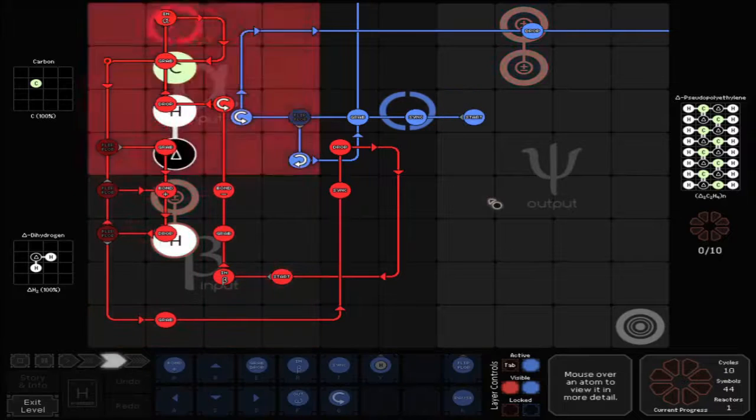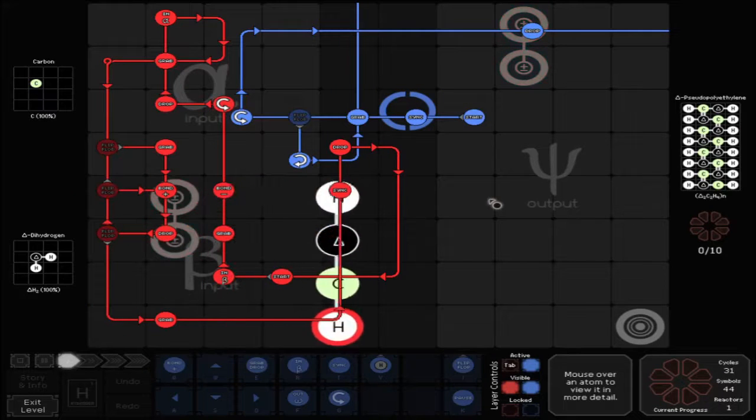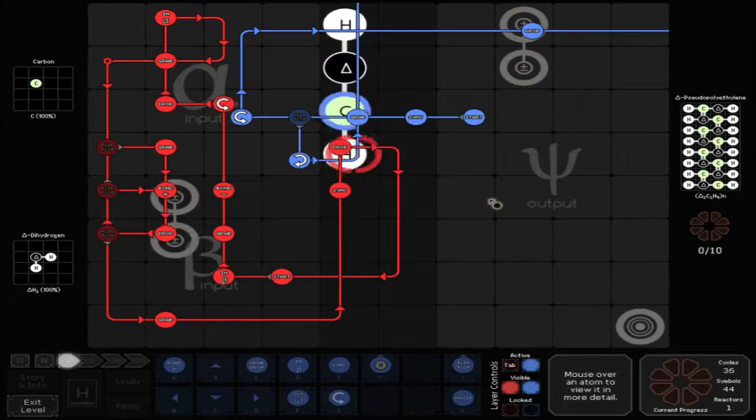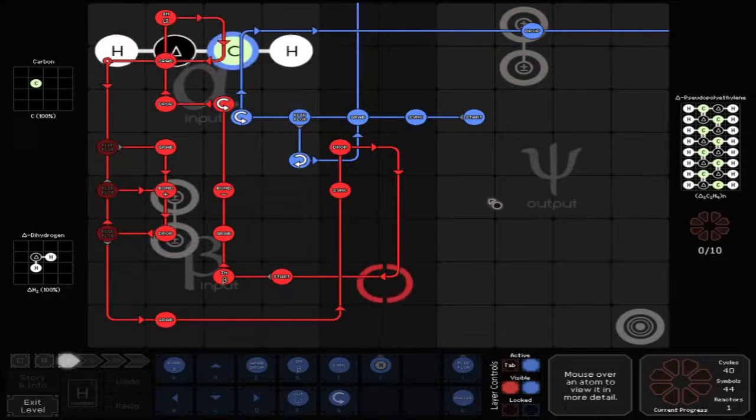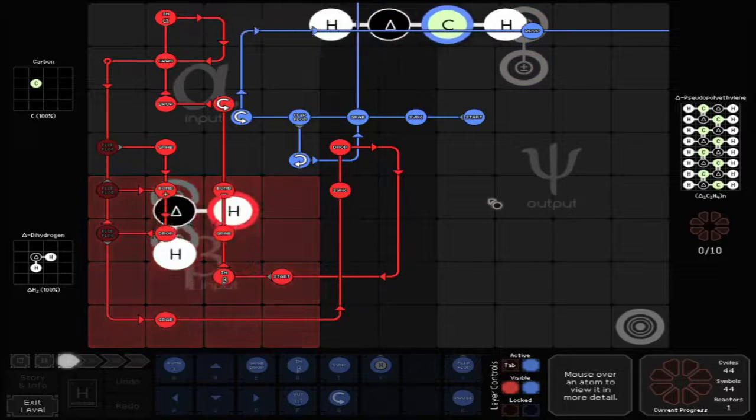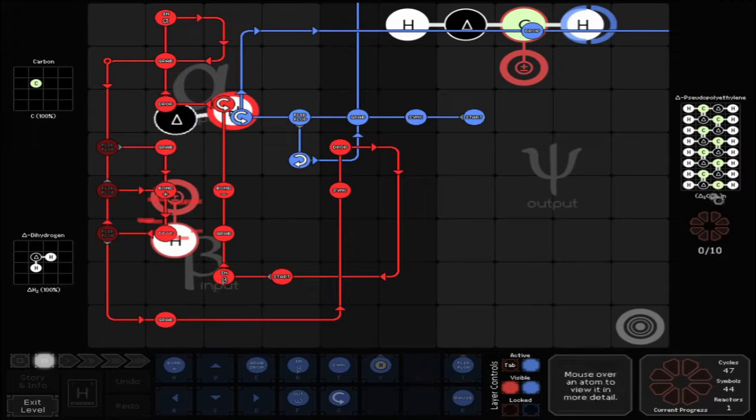Alright, let's try this. There we go. And it is oriented in the correct way. So, alright, so there... when he has to bond this way, there will be a delta here.